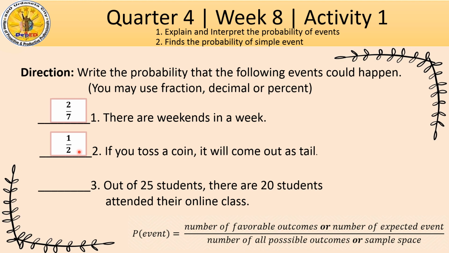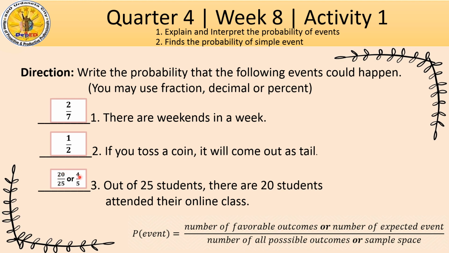Okay, so for number 3, out of 25 students, there are 20 students who attended their online class. So the answer is 20 over 25 or 4/5. How did we get the answer? Of course, we write 20 on the numerator because there are 20 students who attended their online class.